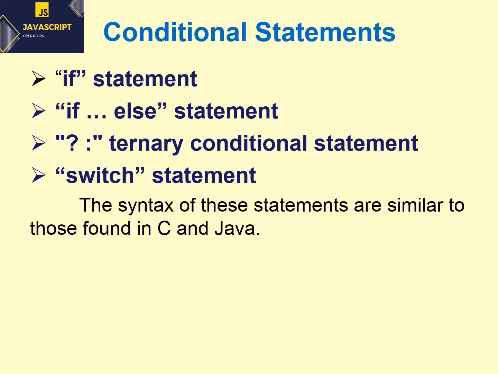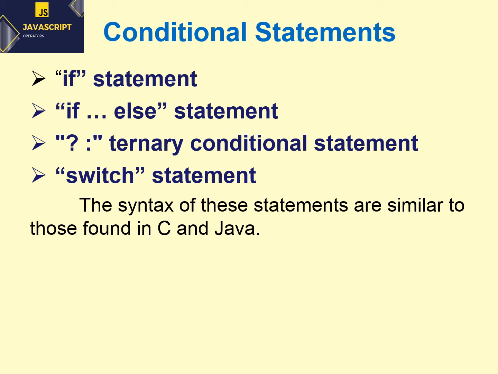Then the ternary conditional statement, with the question mark as the ternary operator. For example, x greater than y, question mark, then print x is greater, colon, print y is greater. So what happens here is x greater than y is the expression to be evaluated.